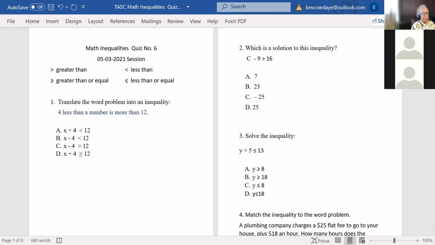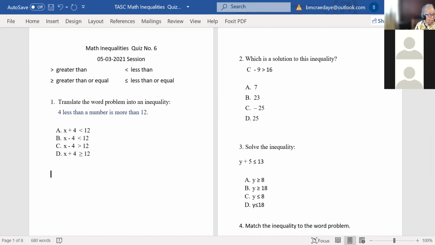Less than means subtract, right? Yeah. 4 less than a number means you're subtracting 4 from a number, and here we're calling it the variable x. And what you get is more than 12.